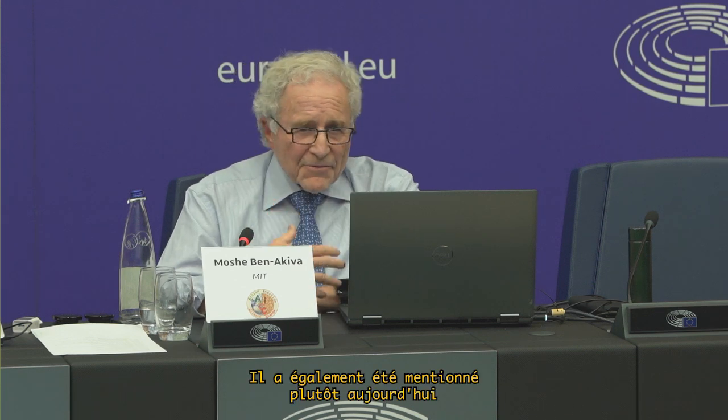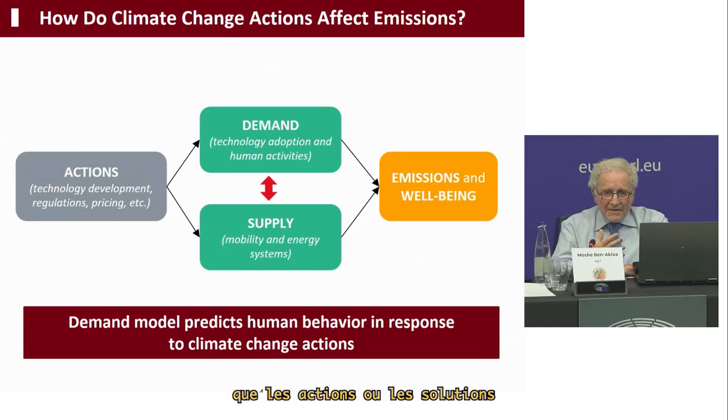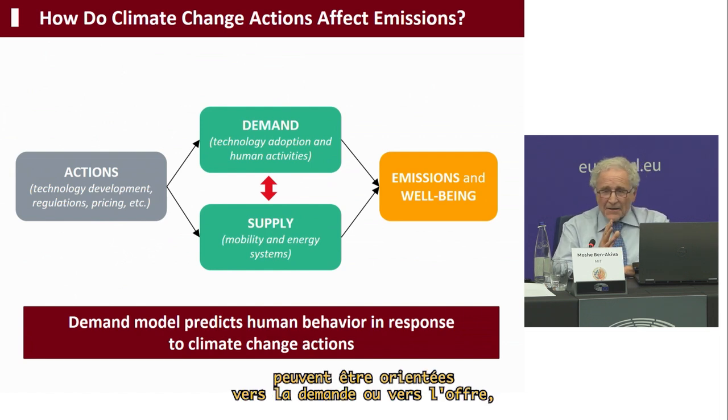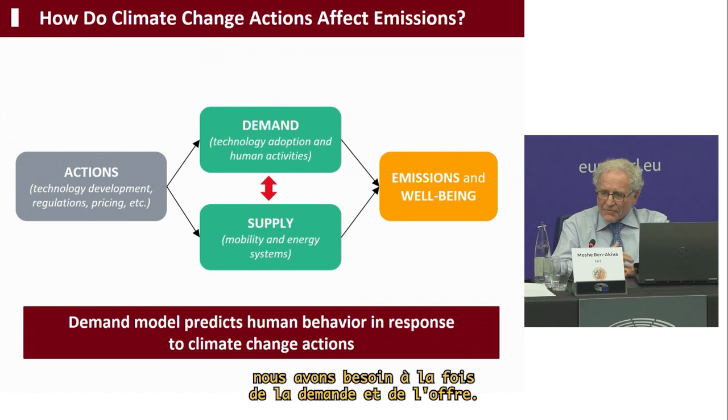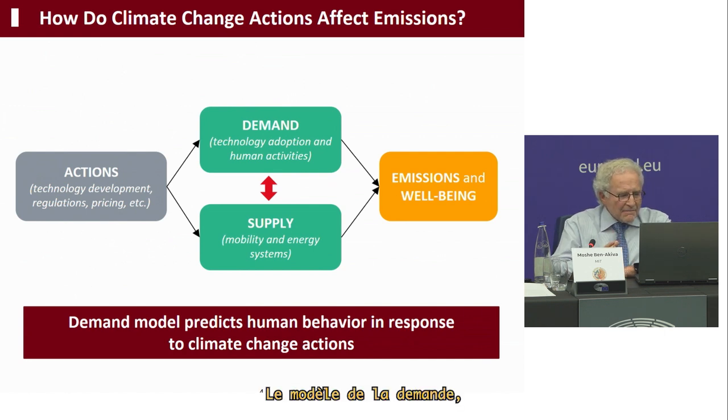So it was mentioned also earlier today that the actions or the solutions can be demand-oriented or supply-oriented, but whether it is demand-oriented or supply-oriented, to predict the outcomes in terms of emissions or well-being, we need both demand and supply. And the demand part is where the behavioral models are.